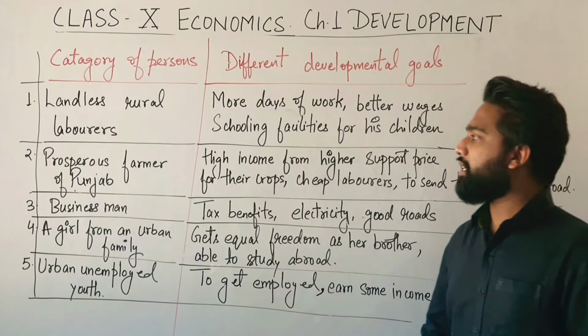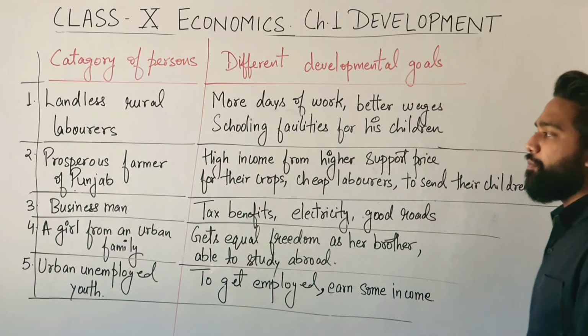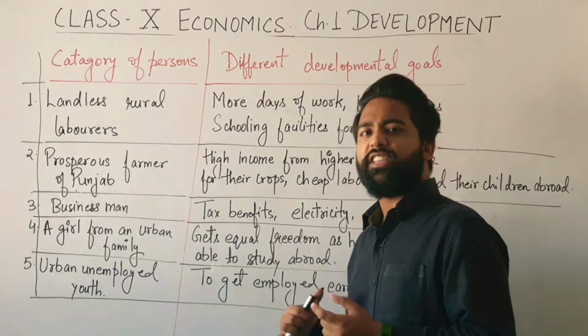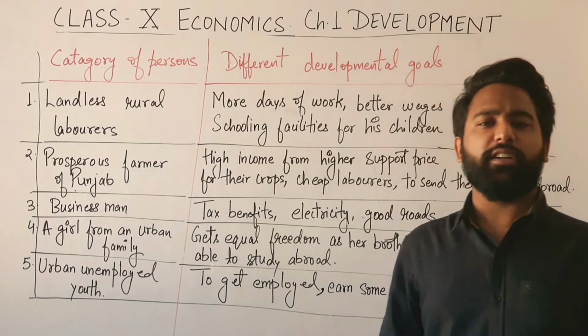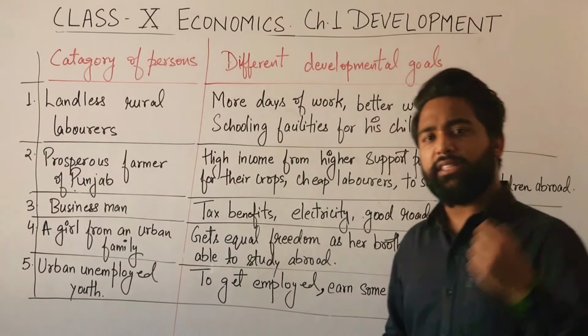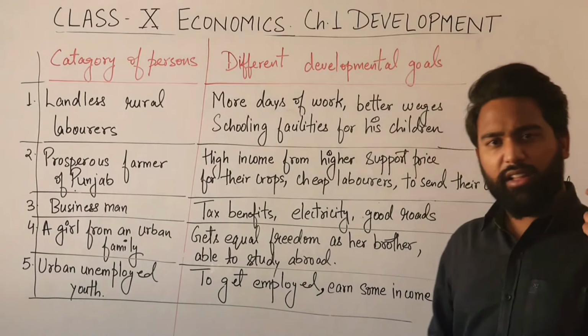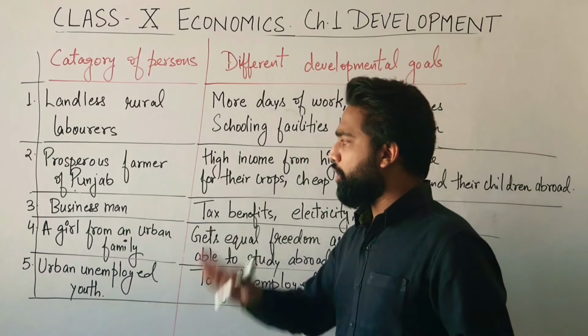Understood? Now let's come to the second category of people, the prosperous farmers of Punjab. Those farmers who have very high income because they have lots of land, lots of tractors, and they are rich, so that they can buy all the insecticides, pesticides, HYV seeds and better quality seeds. That's why they are the prosperous farmers.